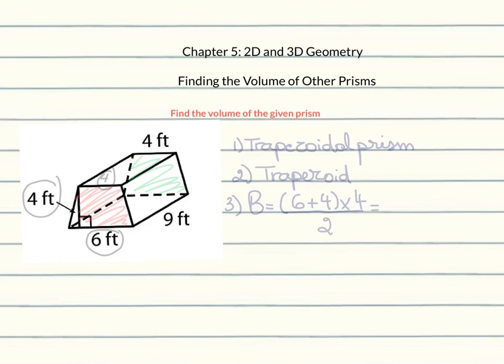And that's equal to 10 multiplied by 4 divided by 2. The answer is 40 divided by 2, and that's 20 feet to the power of 2. Let's highlight this value to be used later on in our final calculations.